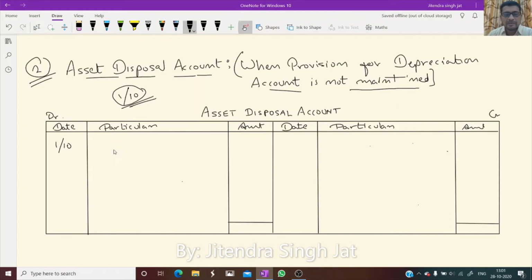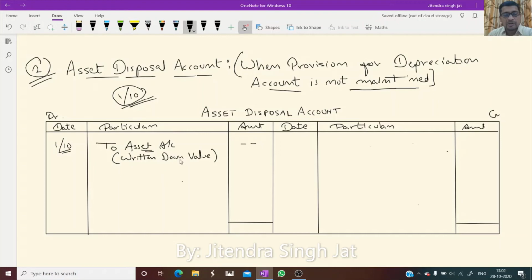What do we write here? Again we write: to asset account. If it is a building, we write to building account. If it is machinery, we write to machinery account. Now what do we write here? Because we do not maintain provision for depreciation account, we write the written down value of this asset which has been sold on this date.